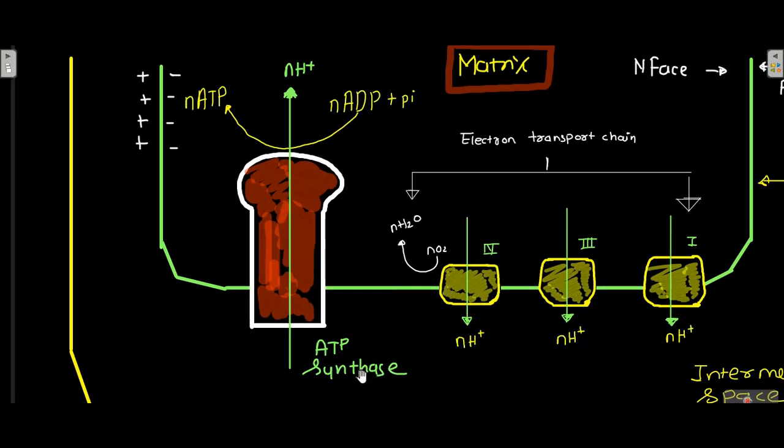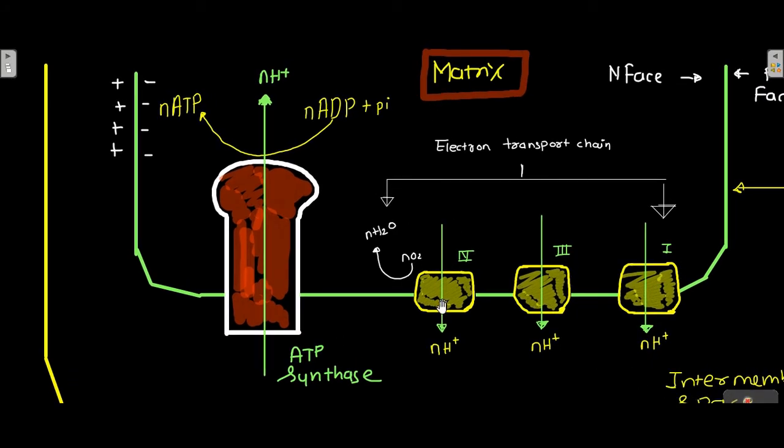The protons from the intermembrane space go into the matrix through ATP synthase, and when they go through it, the energy dissipated is used to produce ATP from ADP and Pi. So there is ATP synthesis. This is how oxidative phosphorylation works.